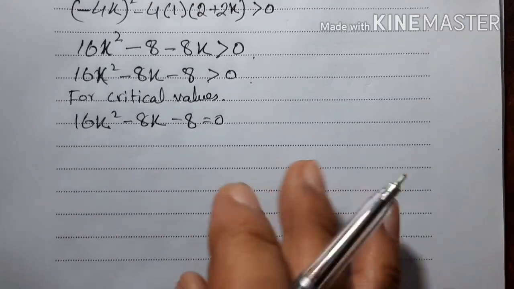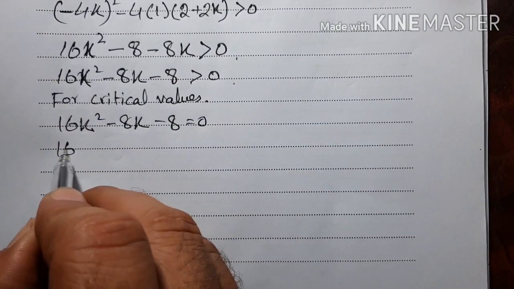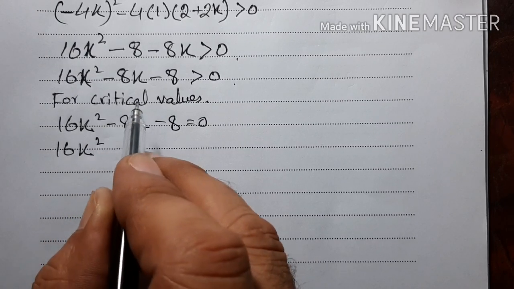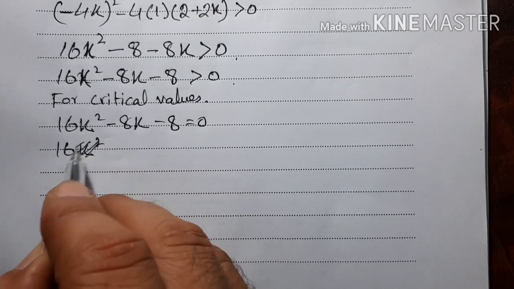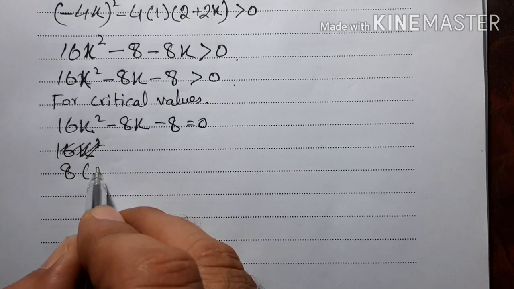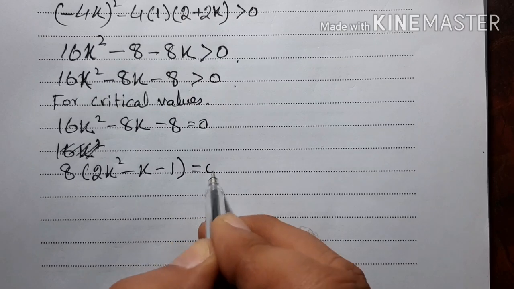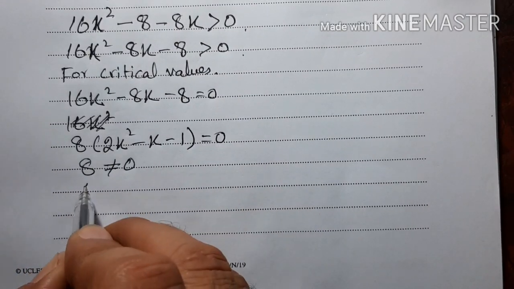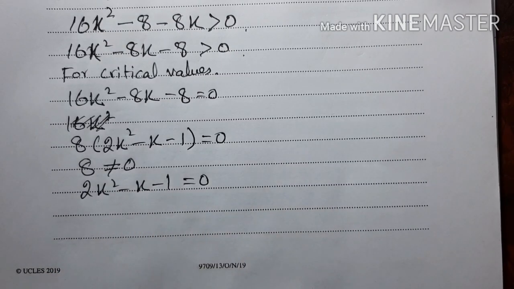So I'll solve it for the critical values. I can take 8 common. It will make my question a bit easier. Take 8 common. So it will be 2k square minus k minus 1 is equal to 0. Since 8 cannot be equal to 0, therefore 2k square minus k minus 1 is equal to 0.